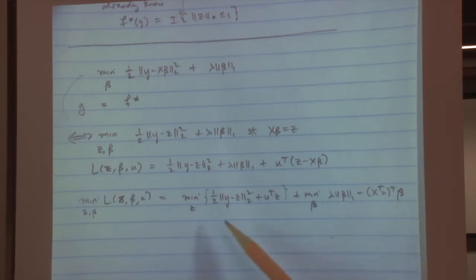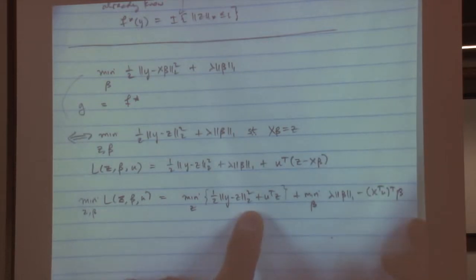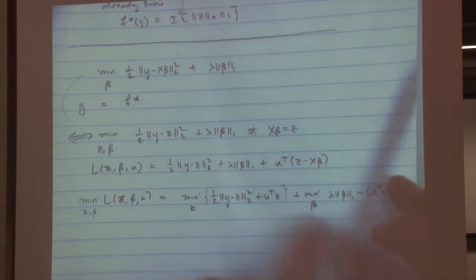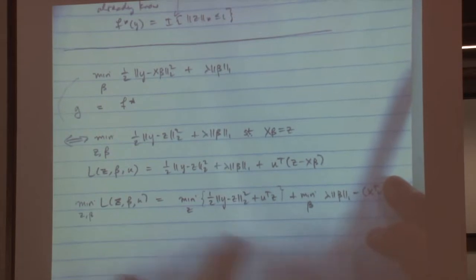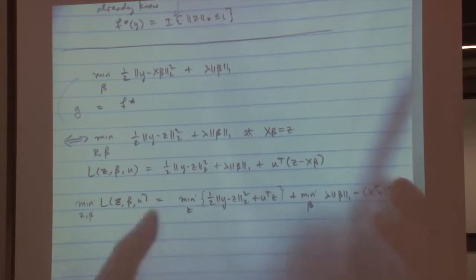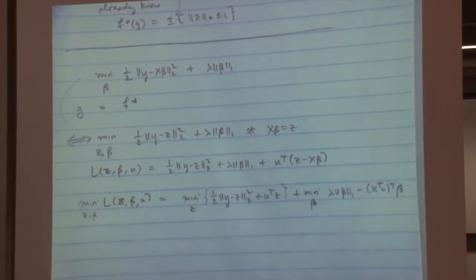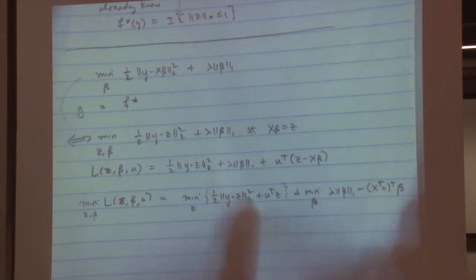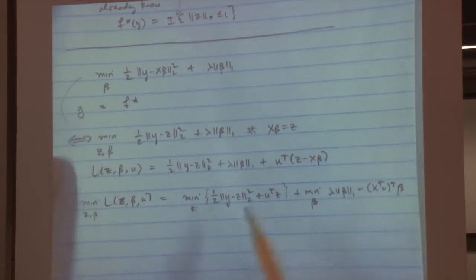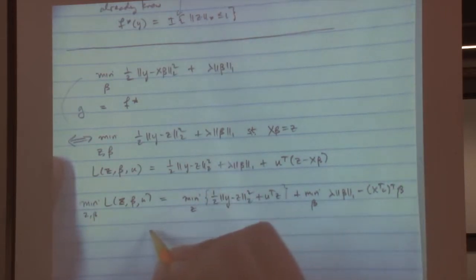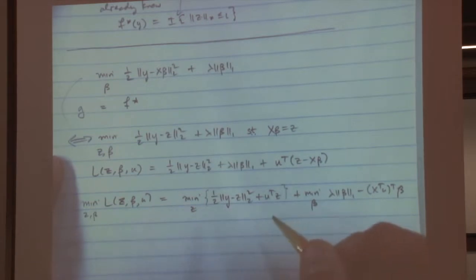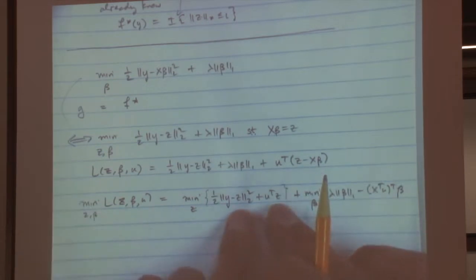This first one is an exercise that's very similar to what we did for the conjugate of a quadratic function. In fact, it's really identical. We can rearrange this to make it look like the conjugate of something, but in this case it's easier to approach it directly. If I asked you to minimize this over all z, you would hopefully know what to do: take its gradient, set it equal to 0, and remember that magical rule. The minimizer here is going to be y minus u.